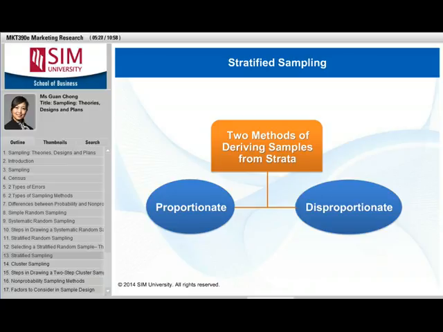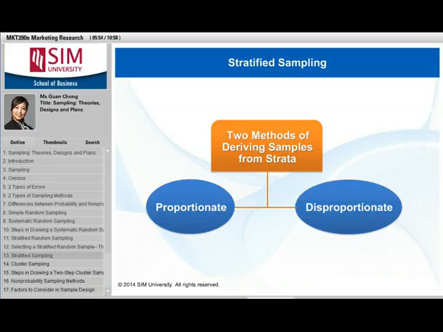There are two methods of deriving sample from strata: proportionate or disproportionate. In proportionate stratified sampling, the sample size from each stratum is dependent on the stratum's size relative to the defined target population. Therefore, the larger strata are sampled more heavily because they make up a larger percentage of the target population.